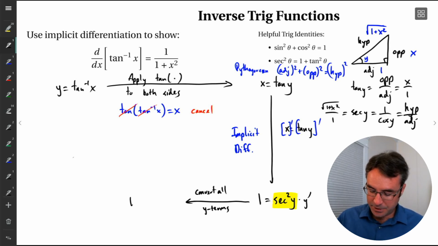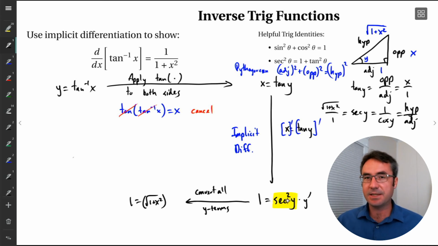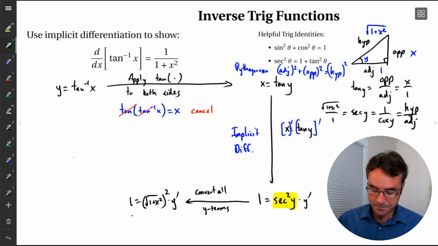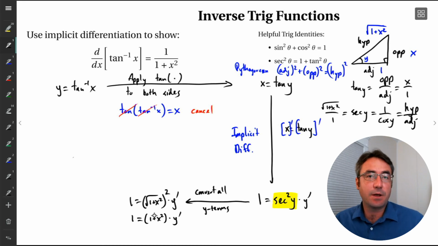So we end up with the equation 1 is equal to the square root of 1 plus x squared, and it was secant squared, so we're going to square this, times y prime. And then finally, the squared and the square root cancel, and we're left with just 1 plus x squared times y prime. Finally, we want to solve for y prime.